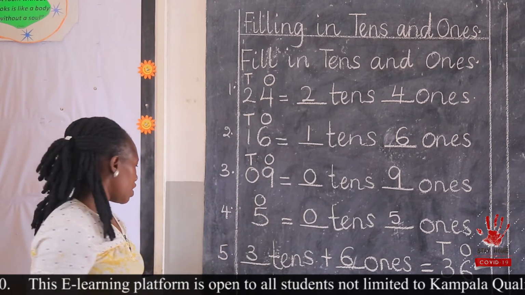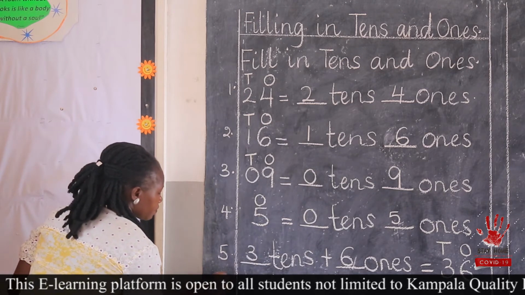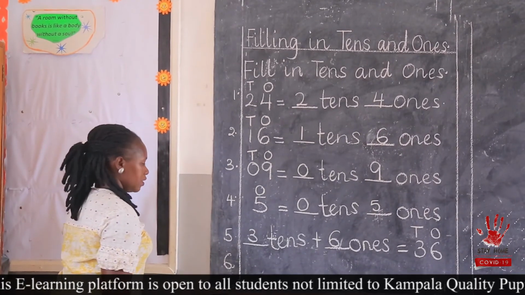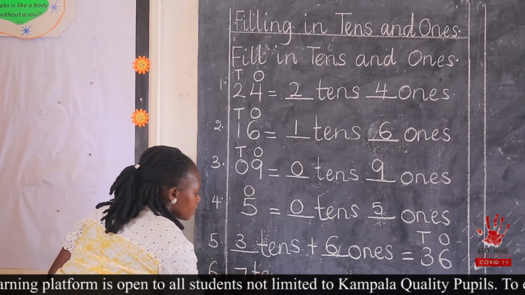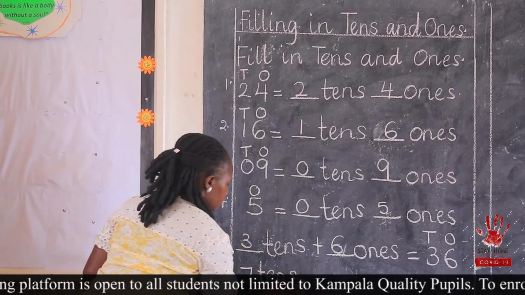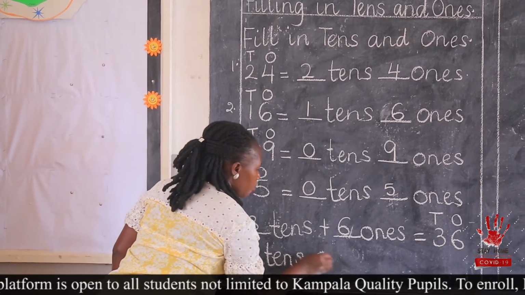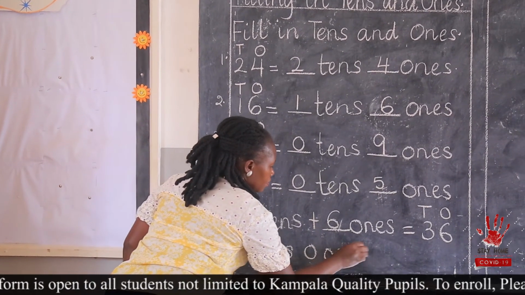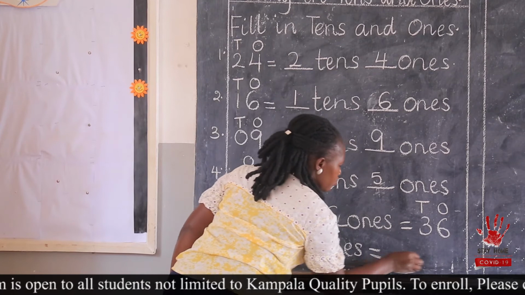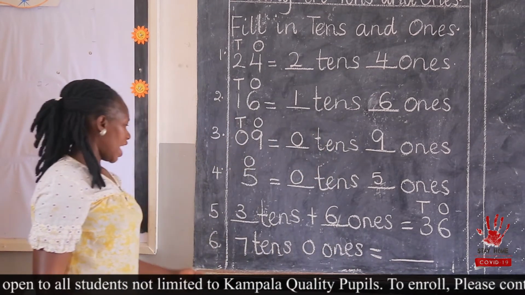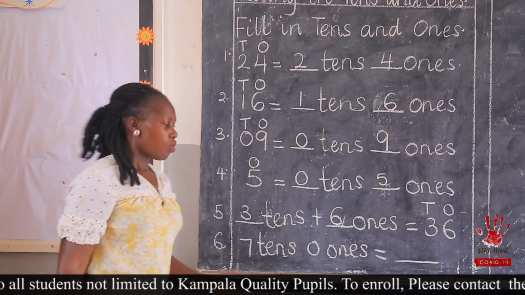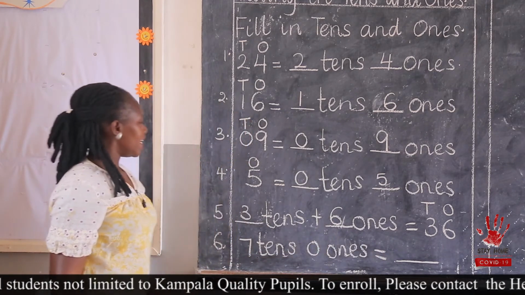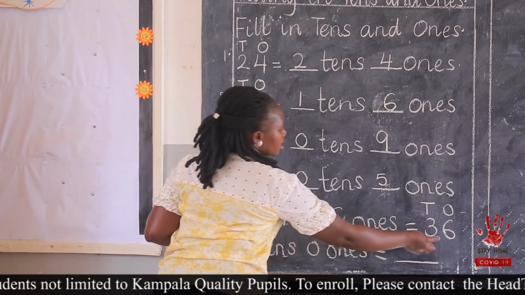Okay? How about if I say, I have 7 tens and 0 ones. What will it give me? I have 7 tens and 0 ones. What will it give me? It means the teacher wants that answer.